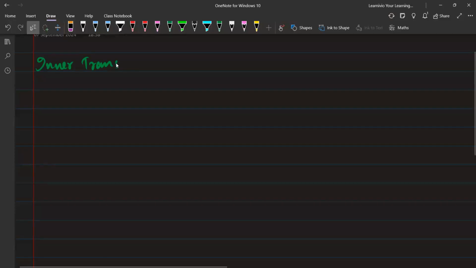Inner transition elements. So inner transition elements we have two. One is lanthanides and the other one actinides.